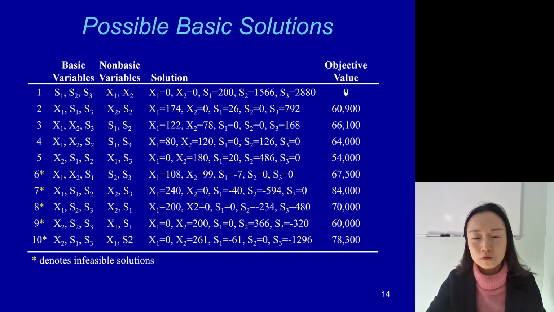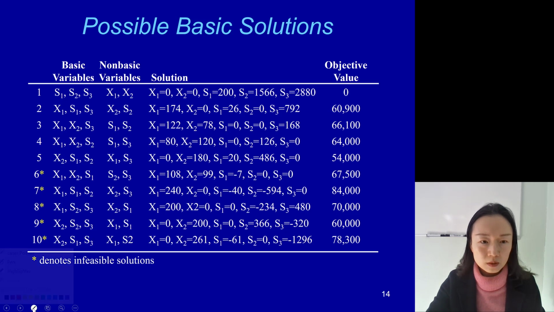But we would start from here, and we will switch one of the decision variables that we try to solve, and we call those the basic variables. So the basic variables are the ones that we try to solve, and the non-basic variables are the ones that we set to be 0.